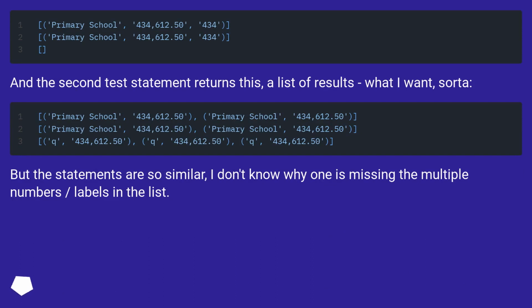And the second test statement returns this, a list of results, what I want, sort of. But the statements are so similar, I don't know why one is missing the multiple numbers, labels in the list.